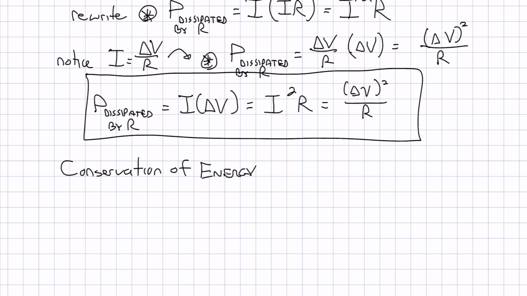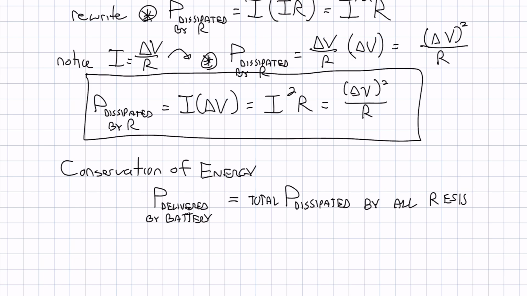It can only be transferred or transformed. Now, in terms of electric circuits, you can state this law as the total power delivered by the battery has to be equal to the total amount of power that gets dissipated or used from all the resistors. In other words, all the energy given by the battery must be accounted for.